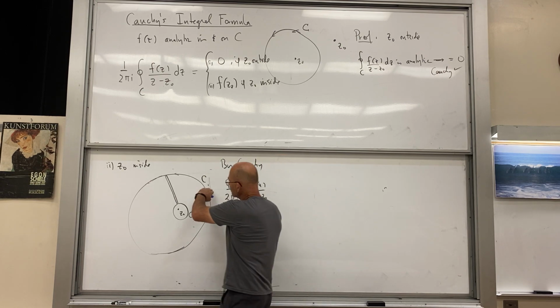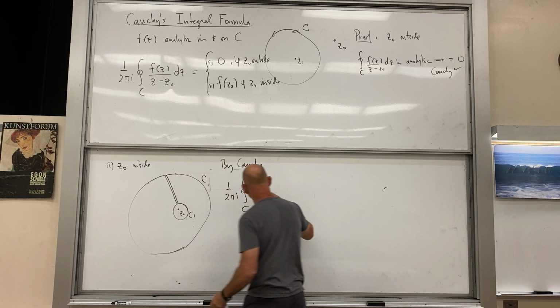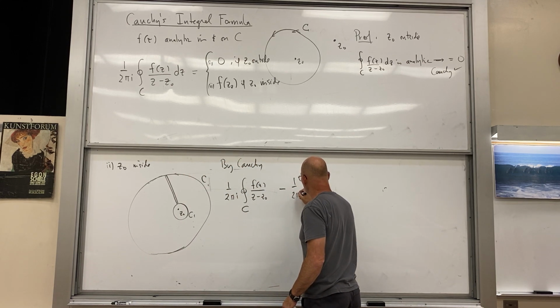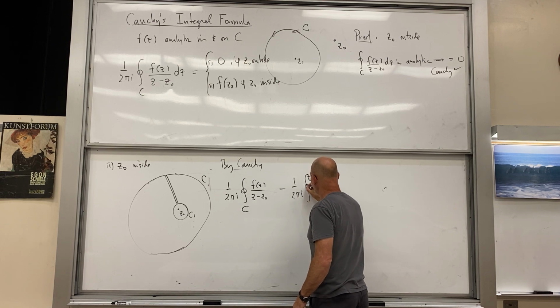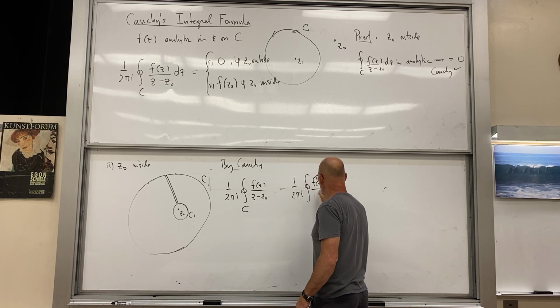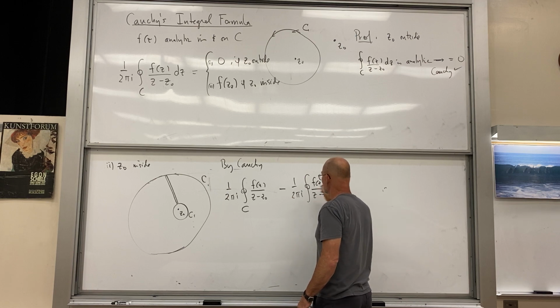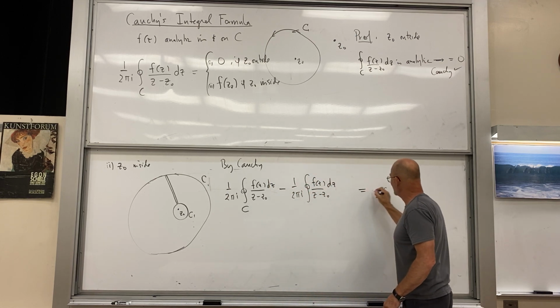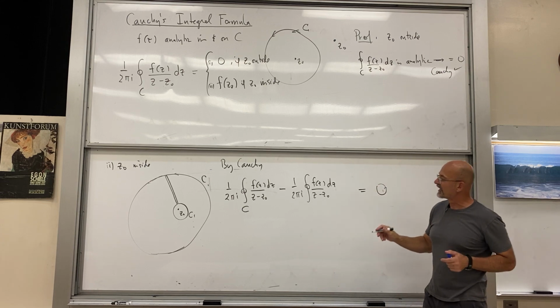Okay, so if I'm traversing this thing with these two integrals, then I'm going to put that minus sign in like I was just talking about, 1 over 2 pi i integral f of z over z minus z sub 0 dz both times. This is going to be equal to 0, so let me just put that note there.